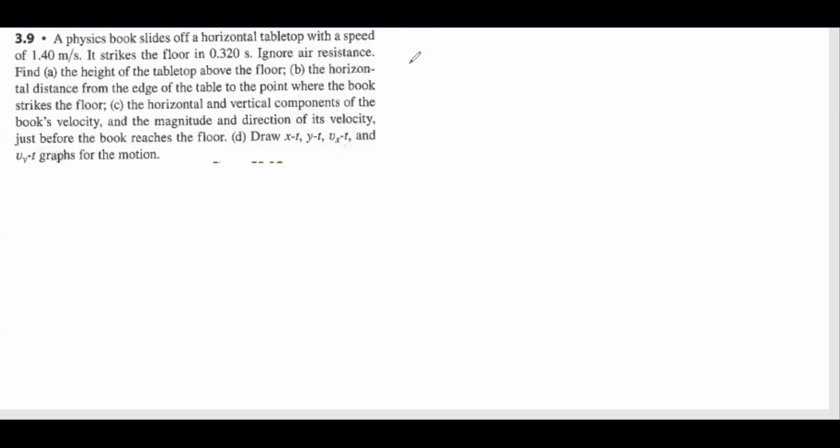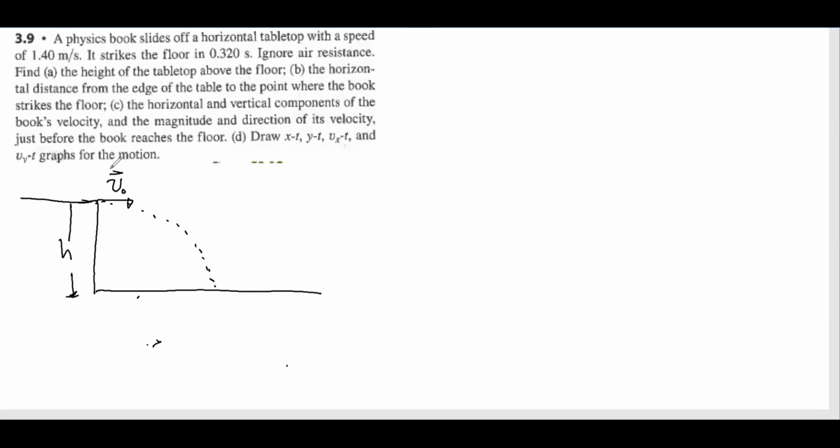Let's be sure that we have the right picture first. Have some tabletop, have some height, some things we want to find. And the book comes off horizontally, as it naturally would, with some initial velocity.